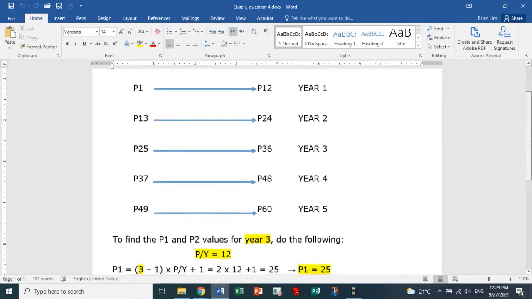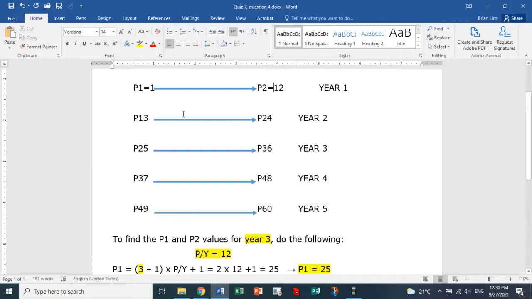So what is happening? How do we get this P1 value? This is the P1 value. Okay, so P1 is equal to 1, and we could come back here and put in that P2 is equal to 12, right?